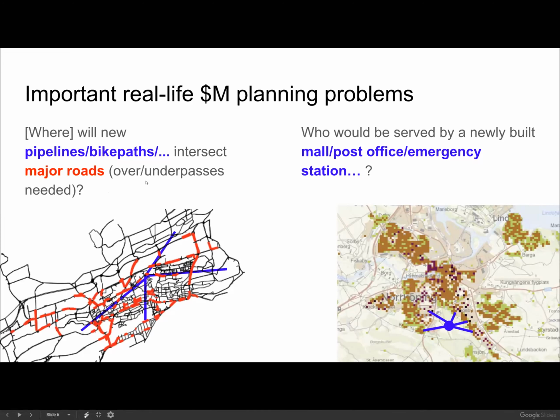And then maybe you will have to establish some intersections and so on. So that's one real problem which comes up many times in practice.